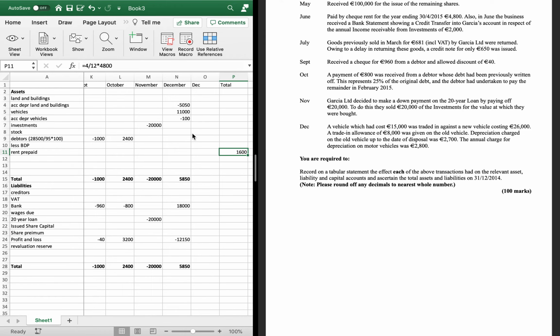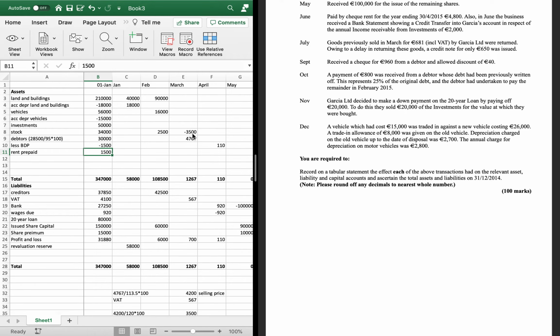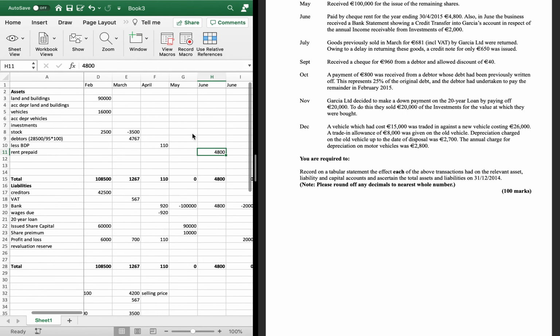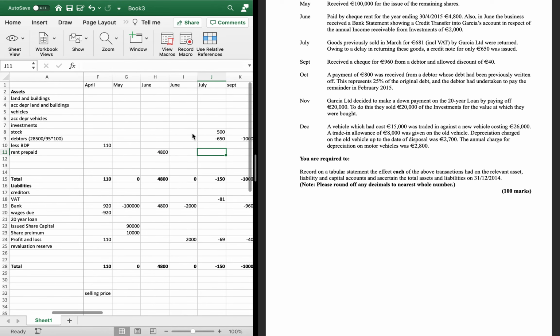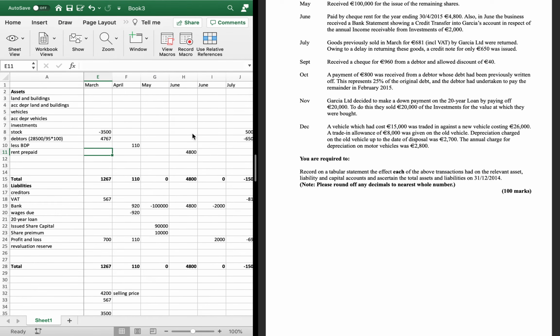All right. So basically at the end of the year, I've got 1,600 prepaid. At the start of the year, I had 1,500 prepaid. So 1,500 plus 4,800 is 6,300. 6,300 minus 1,600 is 4,700.